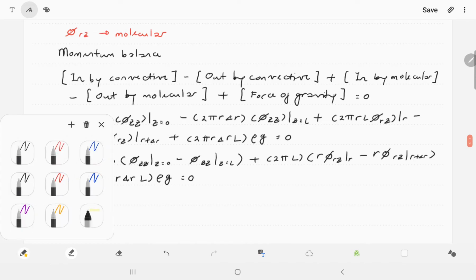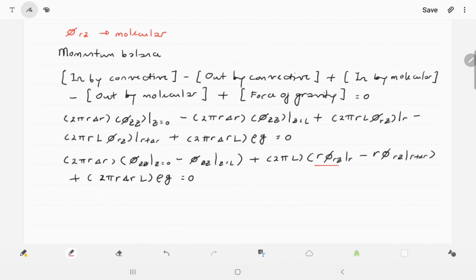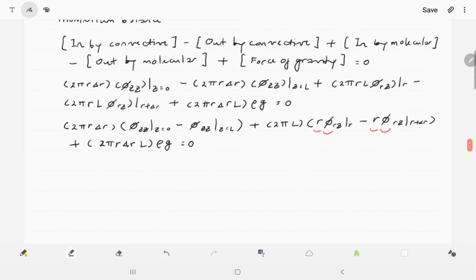In here we have merged r with this combined momentum flux, because this combined momentum flux is a function of r. Okay, this will be apparent in the next step. Okay, we continue again. So this will be 2 pi r delta r, and then we start on opening this for this term in here. What are those components in there?